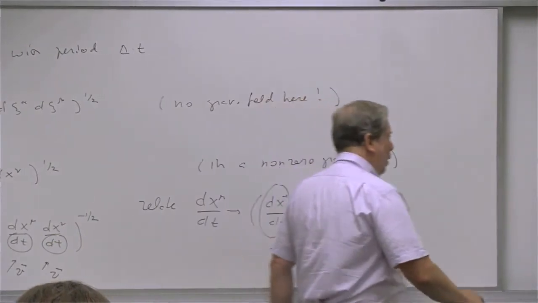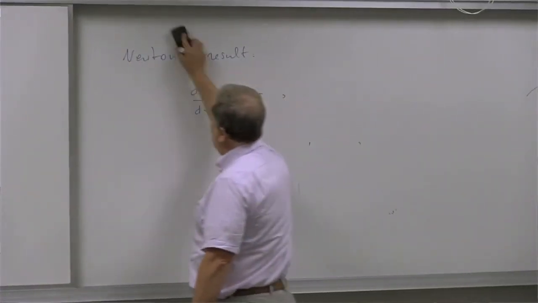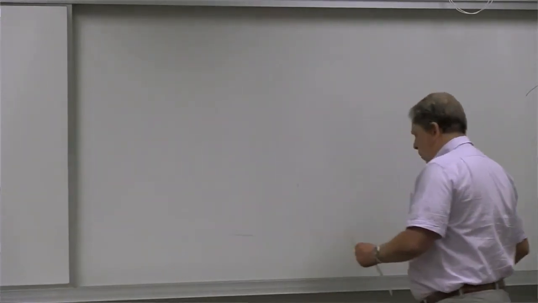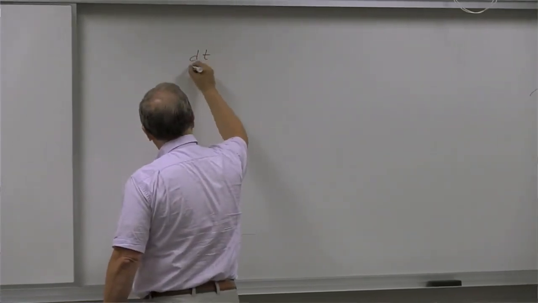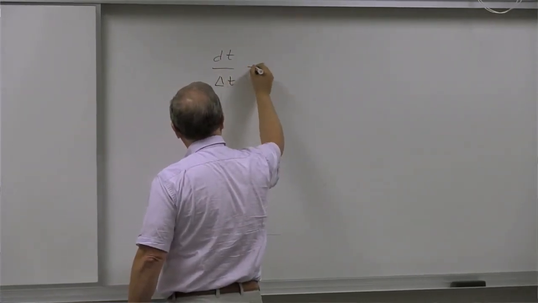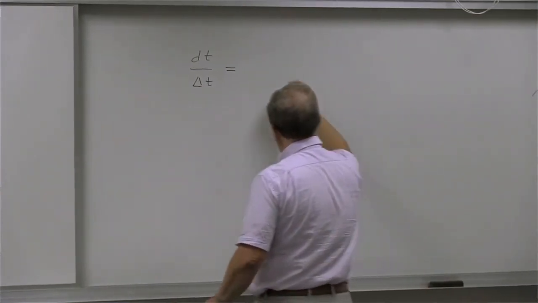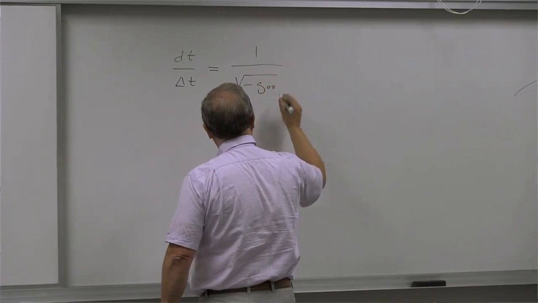And so that means that the only thing that we have is dt by delta t is equal to 1 over the square root of minus g naught naught.